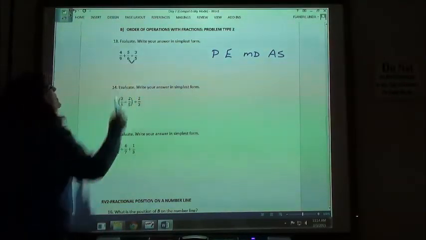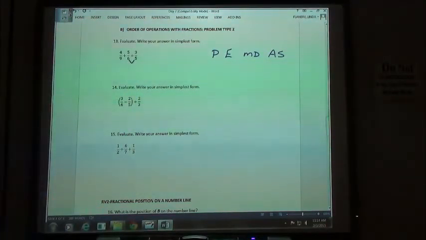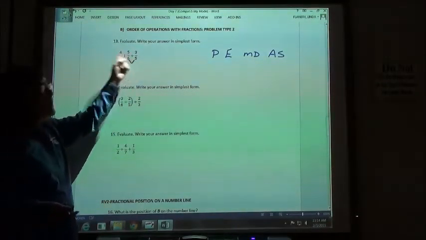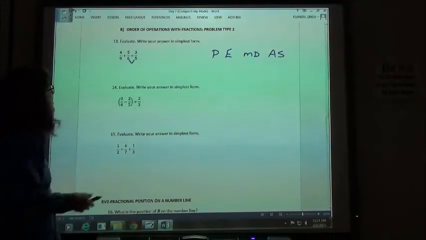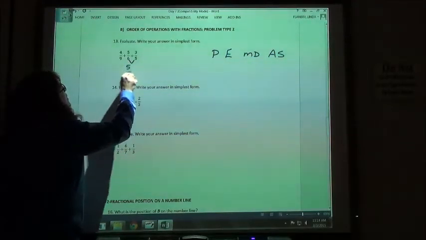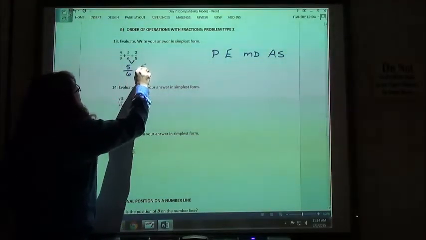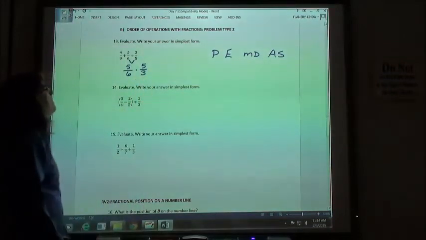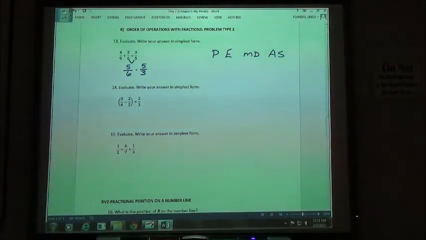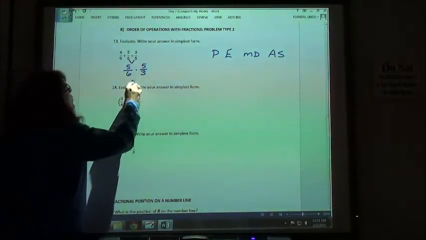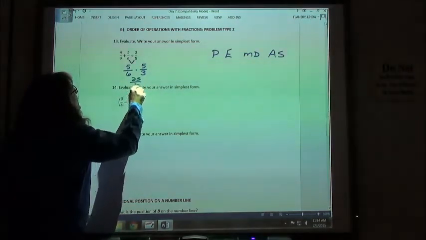In this case, we have a dividing. We have to remember that when we divide fractions, we have to invert and multiply. So we multiply by the reciprocal. And so we're going to actually do 5/6 times 5/3 then. 5/6 times 5/3 gives me 25 over 18.